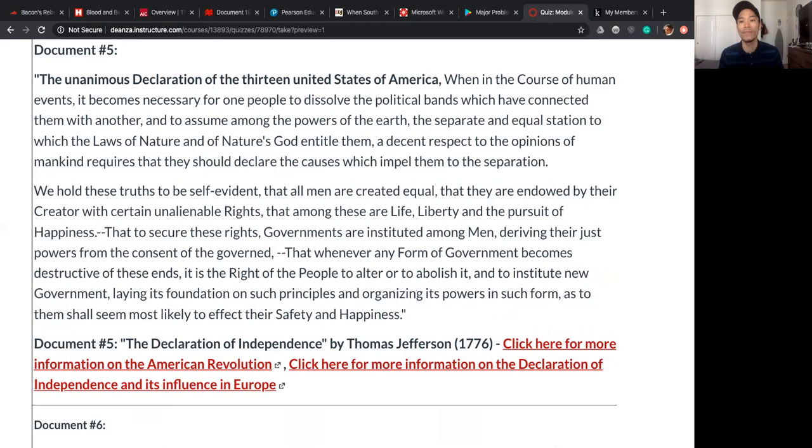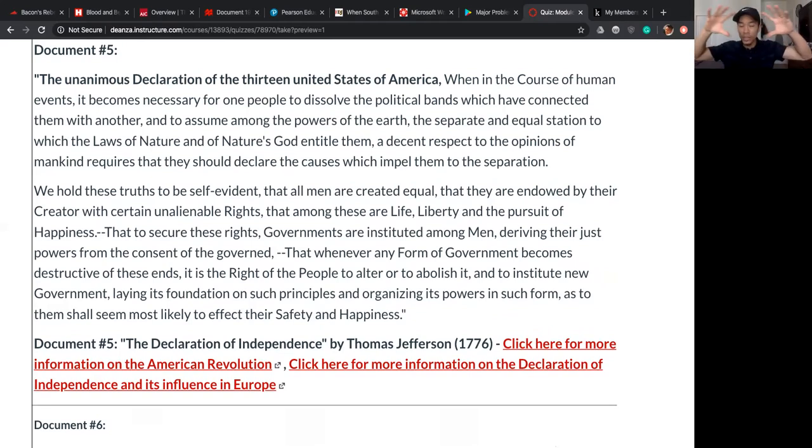But the question you have to ask yourself is, were those ideas the main reasons why these revolutions occurred? Or were there other economic and political factors?